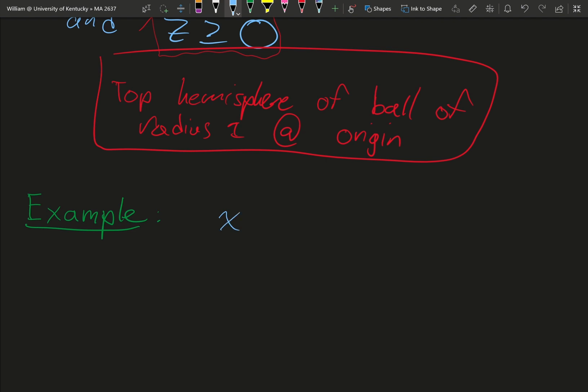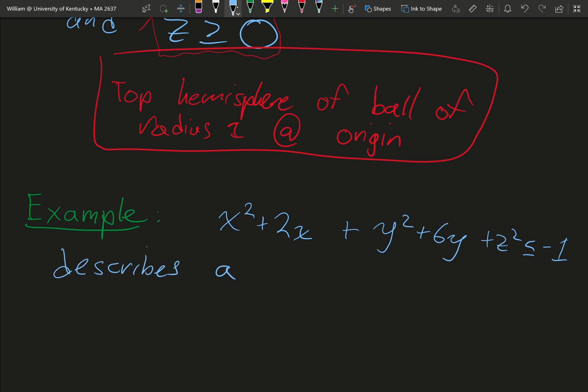So x squared plus 2x plus y squared plus 6y plus z squared is less than or equal to -1 describes a ball. What is its center and radius?